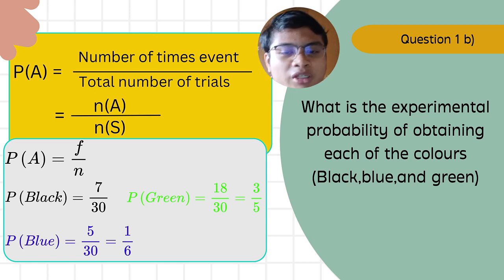What it means here is that frequency will be divided by the total number of trials. So the experimental probability for black marbles will be 7 out of 30, for blue marbles it will be 1 out of 6, and finally the experimental probability of obtaining green marbles will be 3 out of 5.